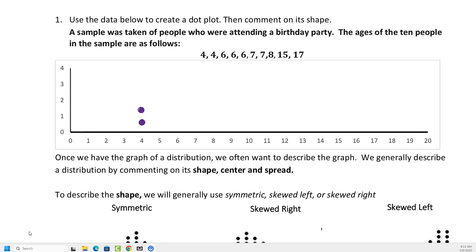And then we had 3 6s, so I'll do a dot for each of those. And then we have 2 7s, an 8, a 15, and a 17. Does that represent the entire data?